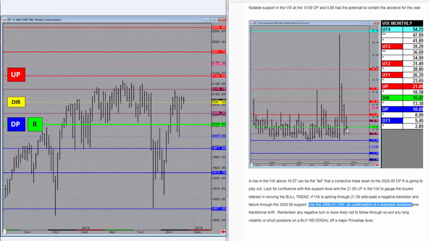So if things do get excited, and the tell would come from the VIX here trading above 1607, and if it gets real exciting when it starts to press up to 2109, even its CRX plus at 2369, and we're down here at the lower CRX minus, and the VIX is up at its CRX plus, and you start to see a stall or a turn.